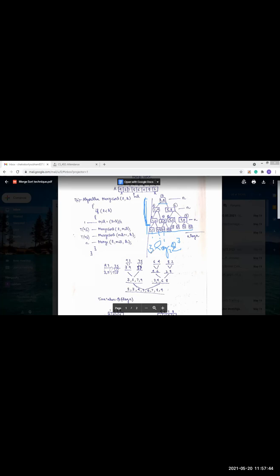If we convert it into the log condition, we get this desired result. That means it will be a log n process. So our total time complexity will be n log n. This is the total time complexity of our merge sort algorithm.